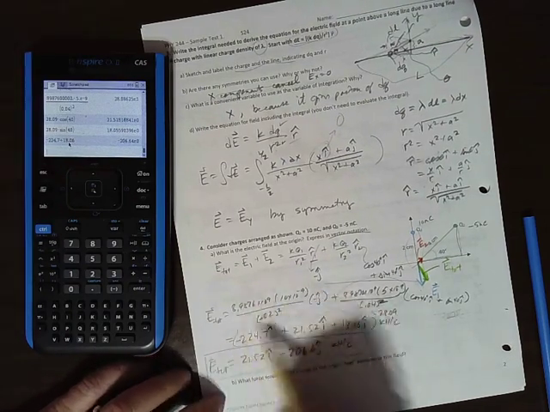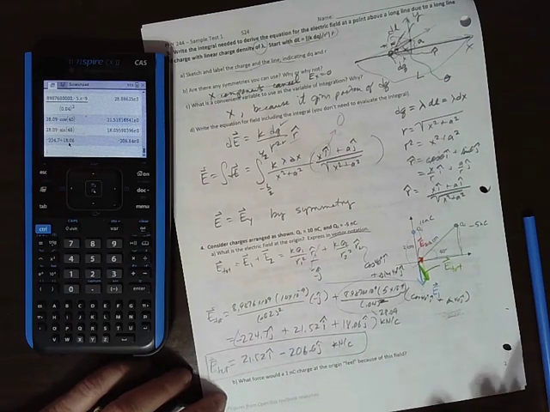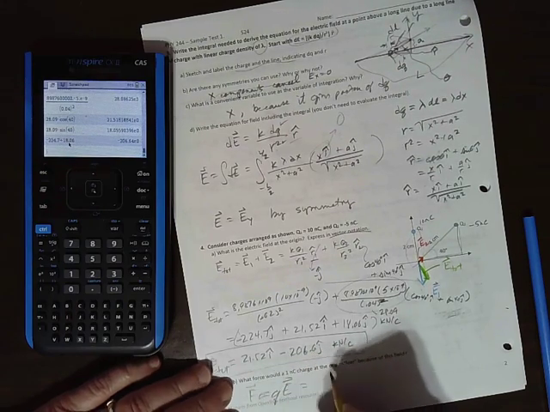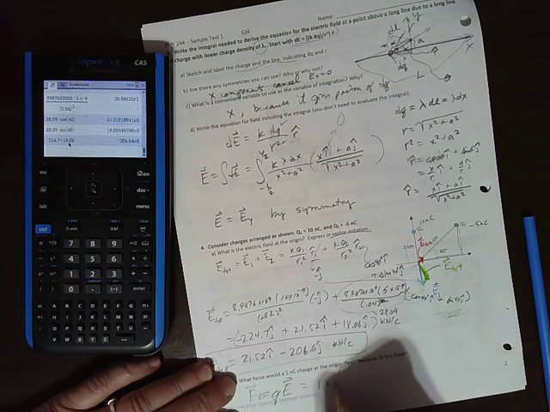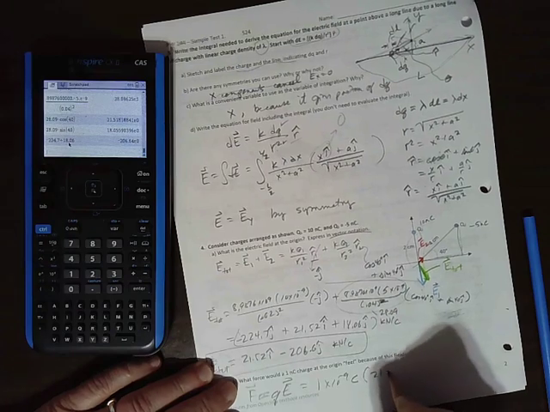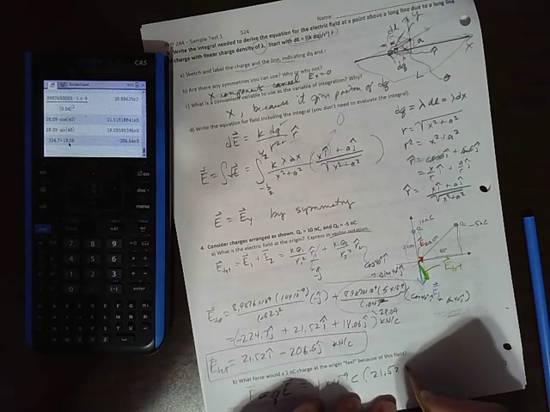Again, you get the two pieces, the one from charge 1 and the other from charge 2. Add them together. The force is QE, one times 10 to the negative 9 coulombs times that same thing.